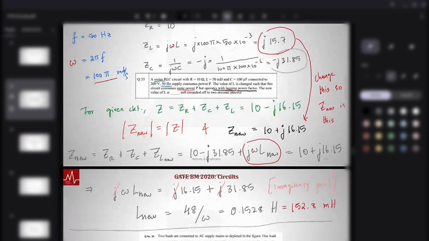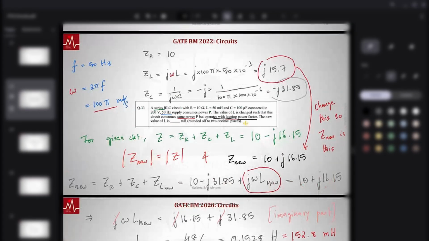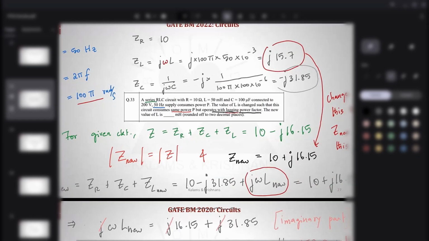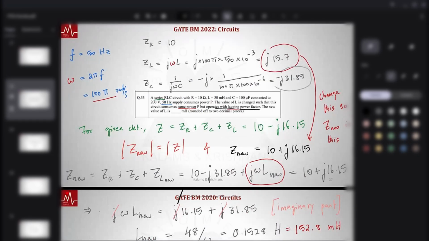So notice, we actually did this example here, right? Here you can look at it impedance-wise. The impedance has a resistive part and a reactive part. Can you change the sign of the reactive part? What was minus 16.5?